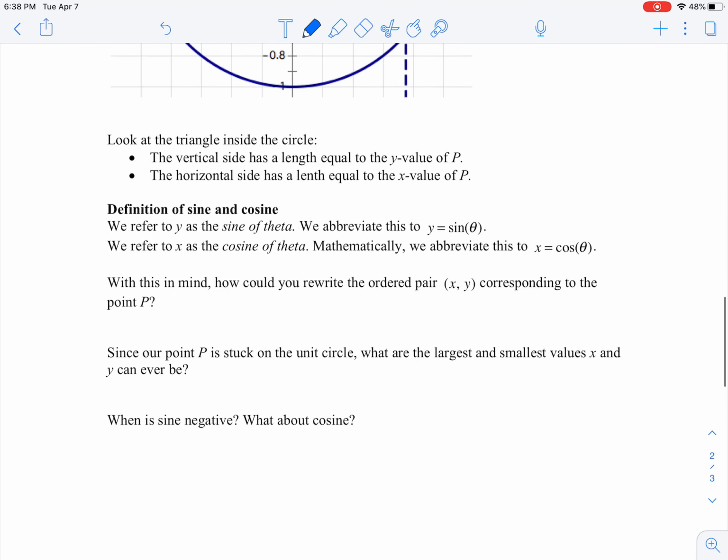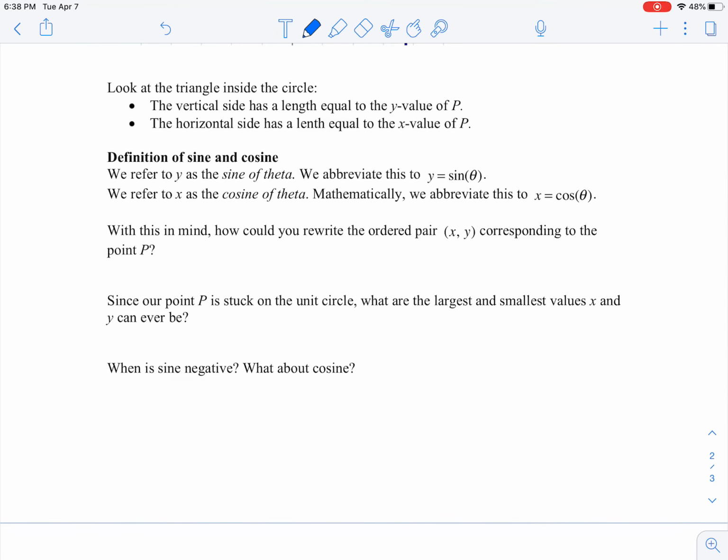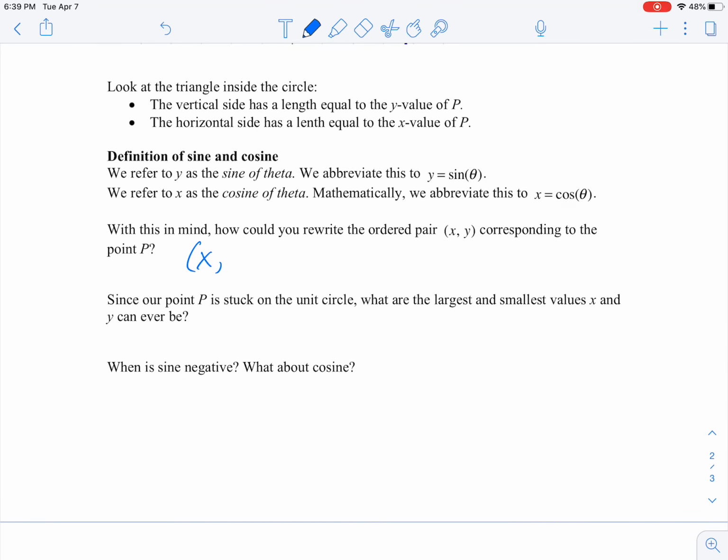With this in mind, how could you rewrite the ordered pair x, y corresponding to the point P? Well, if we had x, y, and we know that x is cosine theta and y is sine theta, we have an immediate substitution.